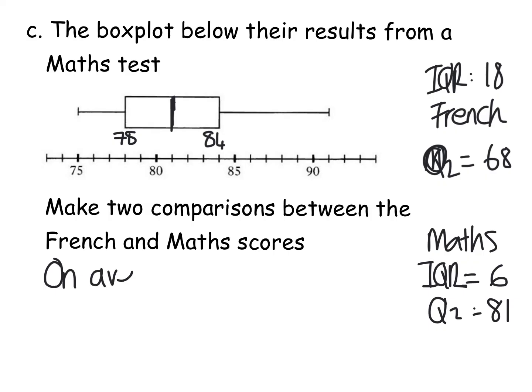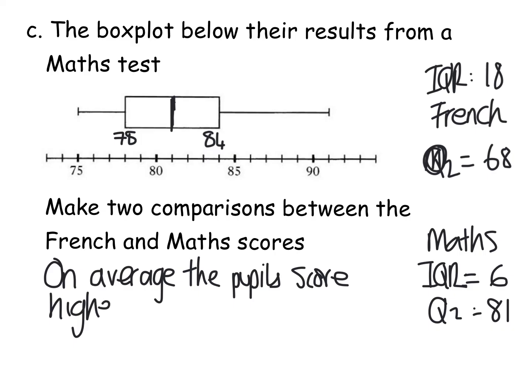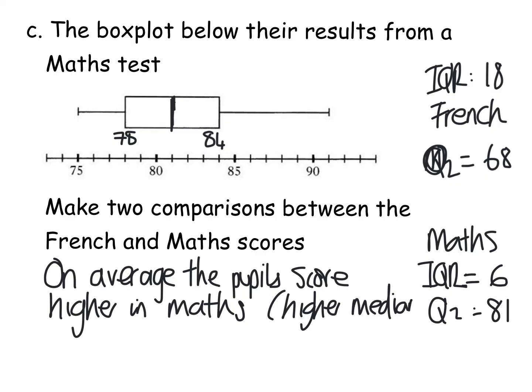So first sentence, on average, the pupils score. Now you can either use the word better or higher in maths, your choice. I'm going to say score higher in maths. And that is because maths had a higher median, okay? And I'm just writing this in to explain why. You don't need to do this, okay? The other bit of the sentence is perfectly acceptable.